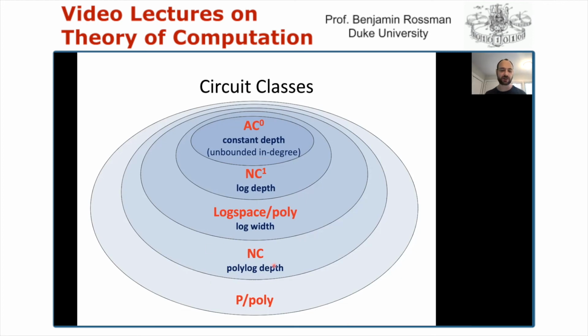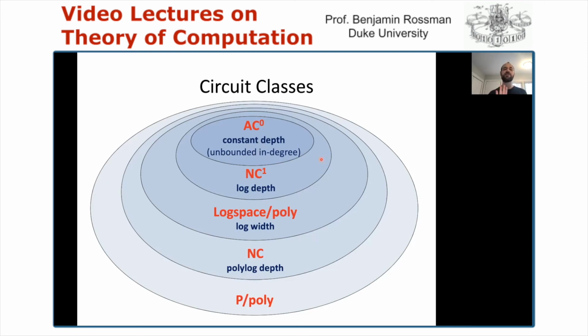And this is the non-uniform version of efficient parallel algorithms, so algorithms running in polylog time on polynomially many processors. And within NC1, a very weak class that's often studied is known as AC0.